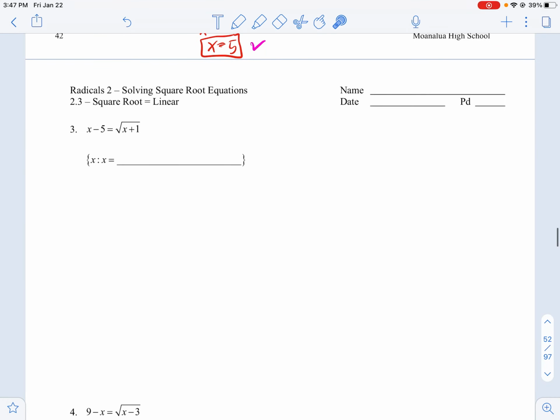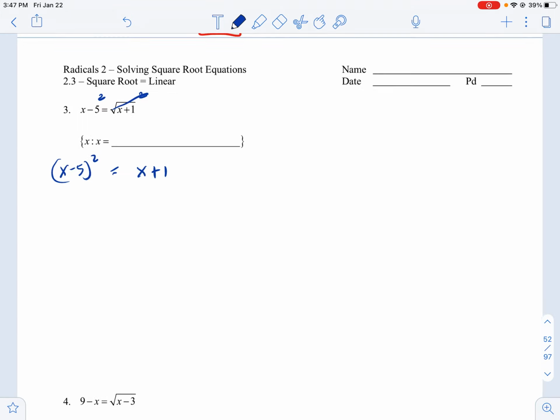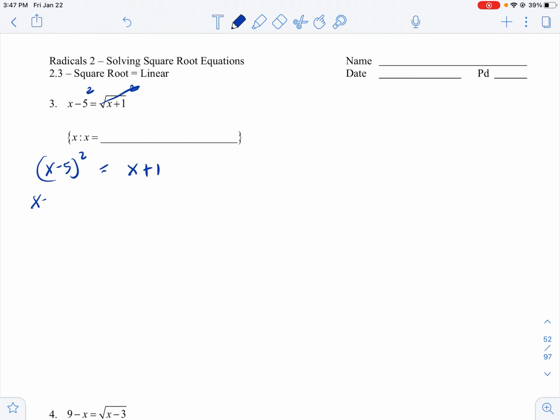Okay, let's try number 3. We have to square both sides to eliminate the square root. We have x plus 1 and x minus 5 squared. Okay? Let's have x minus 5 times x minus 5 equals x plus 1.